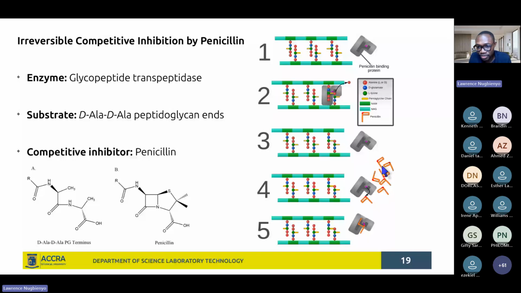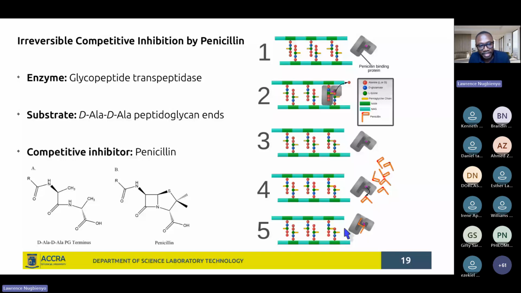Okay, so you see the enzyme is occupied with the inhibitor, that is the penicillin, which has gone to bind in there.